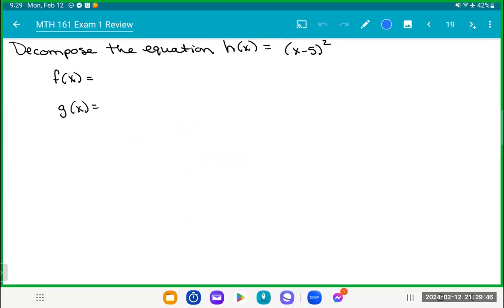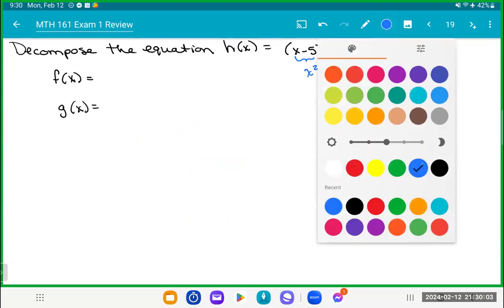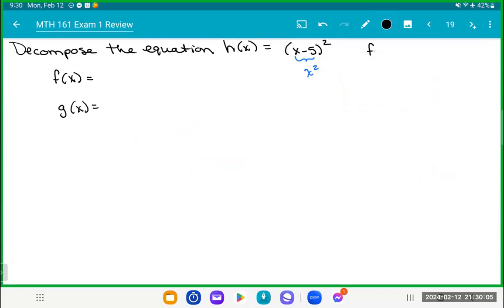So for this one, we want to decompose an equation. So like we did a little earlier, this could be the insides of an equation, right? It could be just x squared here. I want to know what f of g of x is equal to h of x, right? Like we did in class.